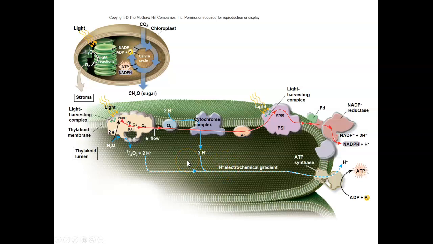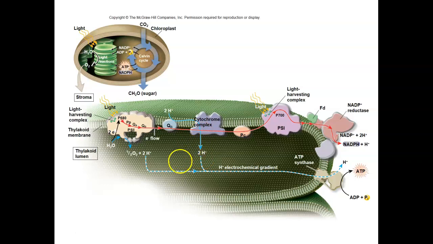But in the meantime, we've done something which is increase the proton concentration in the thylakoid lumen. So how did we increase the proton concentration? First of all, when we lysed the water, we saw a net increase in the amount of protons inside the thylakoid lumen. Secondarily, when the electron was getting transferred down the electron transport chain at the cytochrome complex, it did some work and it transferred those protons against its concentration gradient.